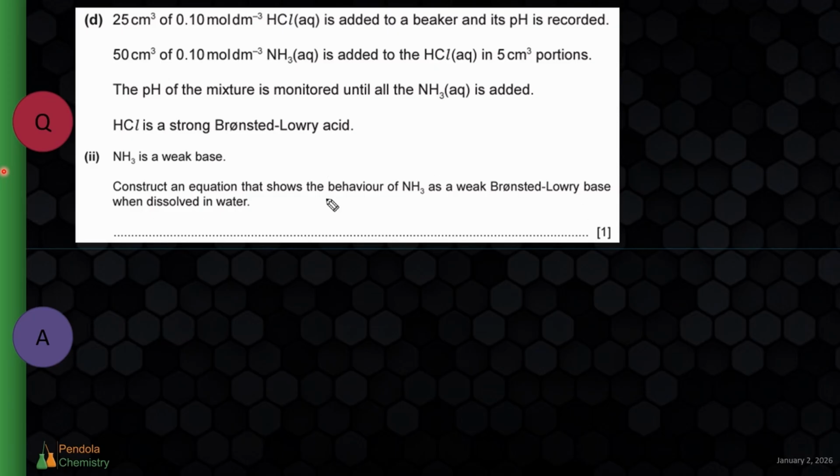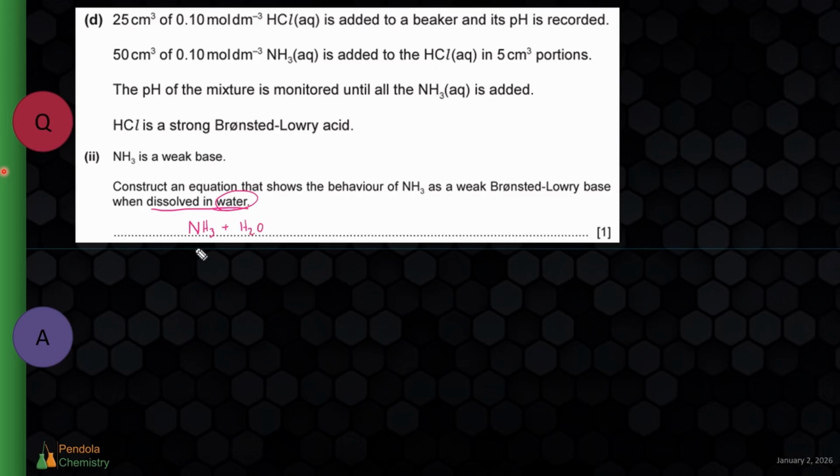This is only a 1 point question, but it's very easy to mess up if we're not paying attention to the details. So first of all, we have NH3 is our reactant. And they're asking us to construct, meaning we might not have seen it before, though we have, an equation that shows the behavior of NH3 as a weak Brønsted-Lowry base when dissolved in water, meaning that water is our other reactant.